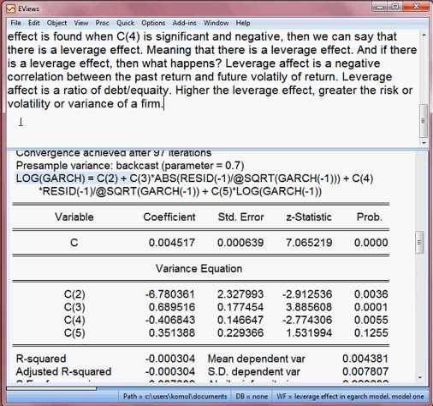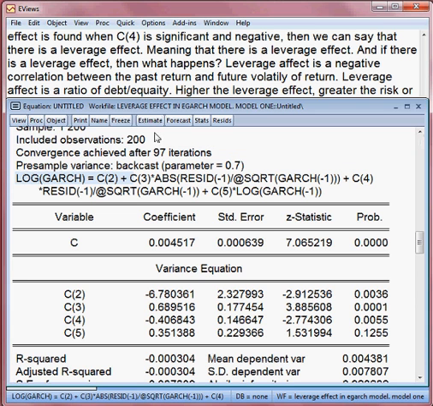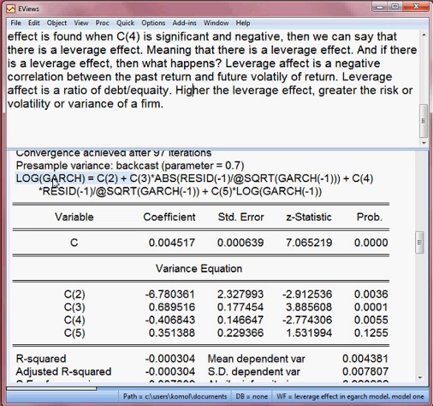Actually, you can see from here, this log GARCH is the volatility of the return, right? This log GARCH is also called the volatility of the Bangladesh stock return. Then what is happening here?